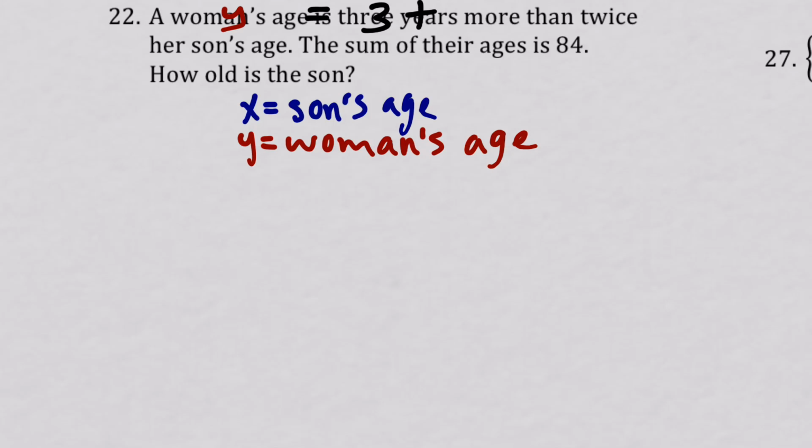Twice, that means 2 times, that's what those parentheses are, 2 times. Her son's age, we know her son's age is represented by X, so I can just plug in an X right there. And there's your first equation.